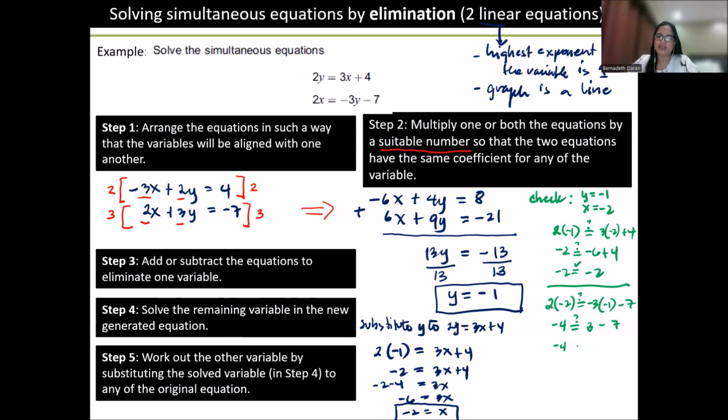So we have here negative 4, because 3 minus 7 is negative 4. So they are equal. Since both of the equations are true, our answers are correct. x is equal to negative 2 and y is equal to negative 1.